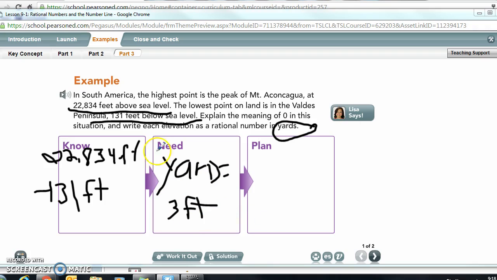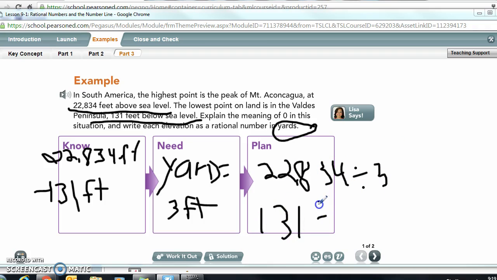So I need to convert these, okay? So now I need to divide 22,834, so go ahead and write this in your notes, divided by 3, and this will give me that measurement in yards, and I also need to divide 131 divided by 3 to get that measurement in yards.